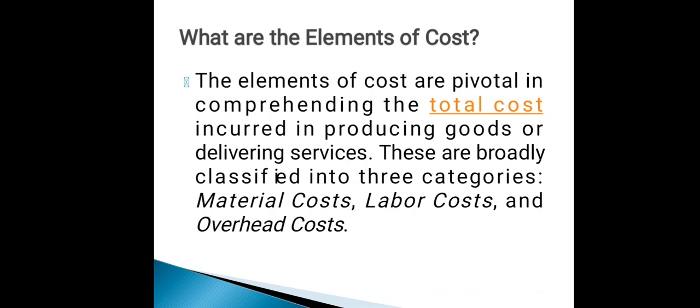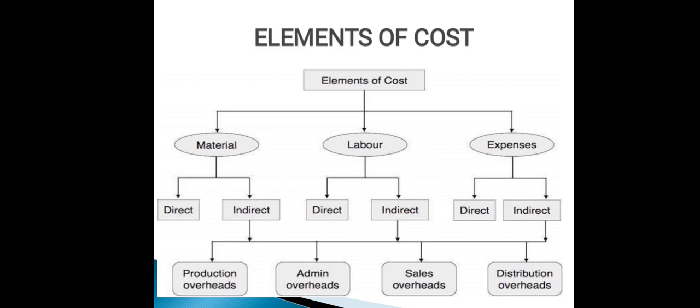The elements are broadly classified into three major categories: material, labor, and overheads. Let's see the chart, so that you may get an outline of the elements of cost. First one material, second one labor, and third one direct expenses. Material is further classified into direct material and indirect material, and likewise labor is classified into direct labor and indirect labor.